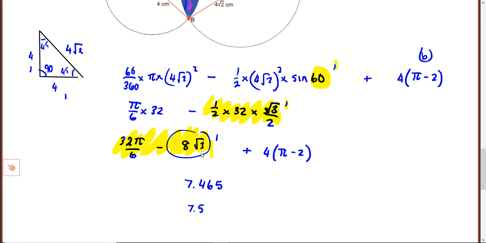So your equivalent of 16 pi over 3. If it's incorrect, but you've made it very clear what it is you're doing, your equivalent of 16 pi over 3, right? So where's the 16 pi over 3? That's the 32 pi over 6, this bit here, the area of the sector, right?